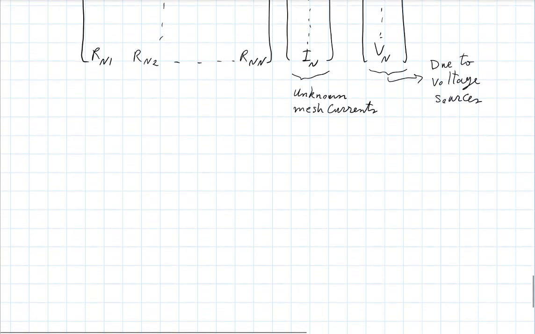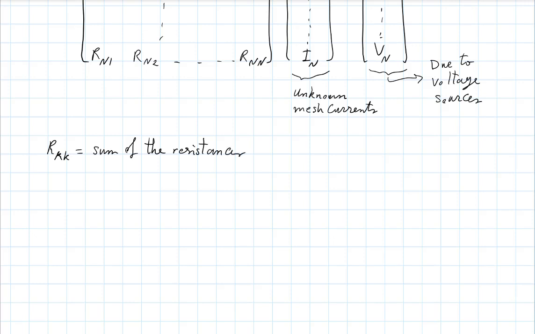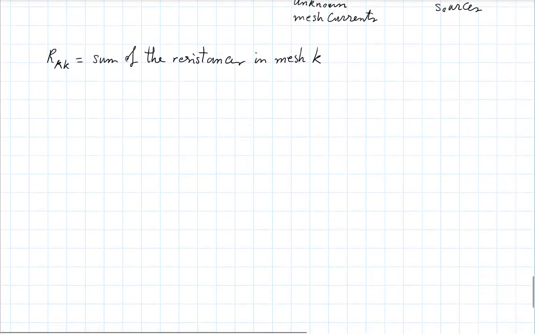And then to populate this matrix, the recipe is like what we just discussed. So Rkk, a diagonal element, is the sum of the resistances in mesh K. As you go around the mesh, all the resistances you encounter.